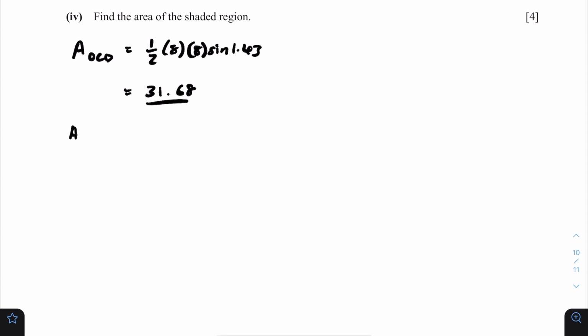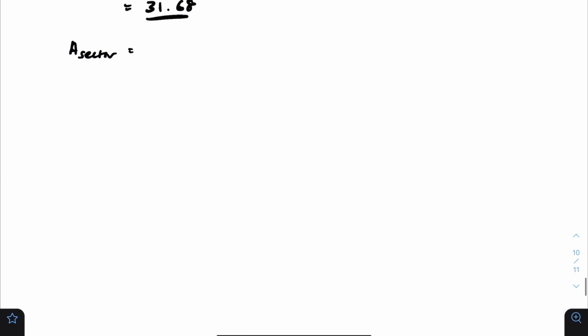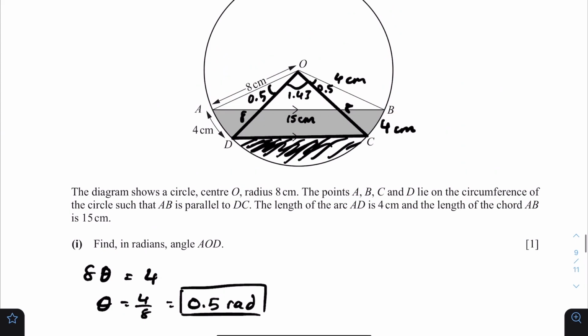So the area of sector OCD is equal to half, theta is 1.43, r squared is 8 squared. So that's equal to 64 over 2, which is 32, times 1.43, which is equal to 45.76. So now we have 45.76 as the total area of the sector.